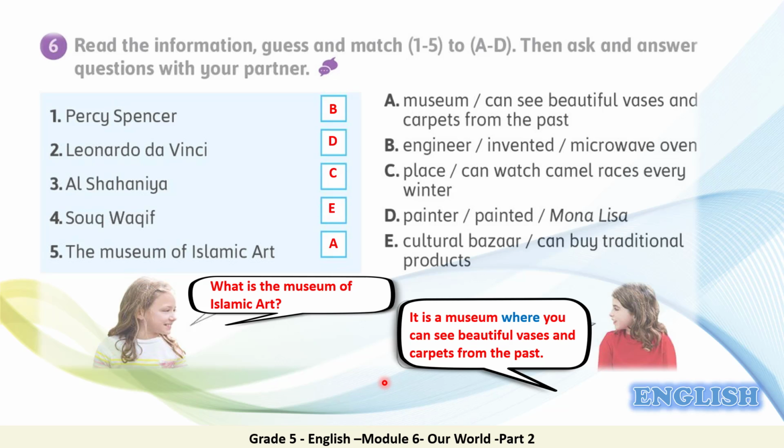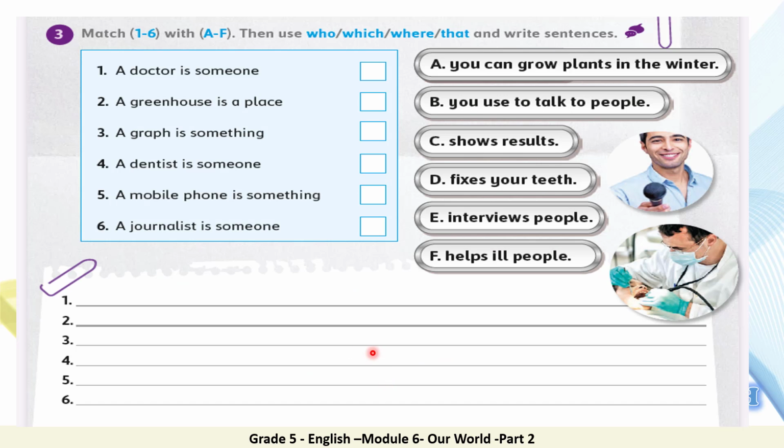And now let's wrap up our lesson with this activity. This activity is a little bit similar to the previous one, but now we are going to write. Match 1 to 6, these, to A to F, these information, then use who, which, where, that, and write sentences.